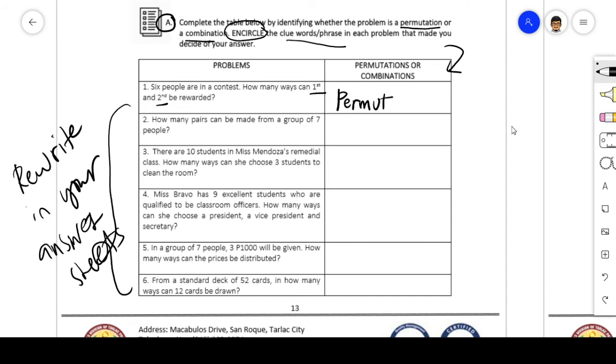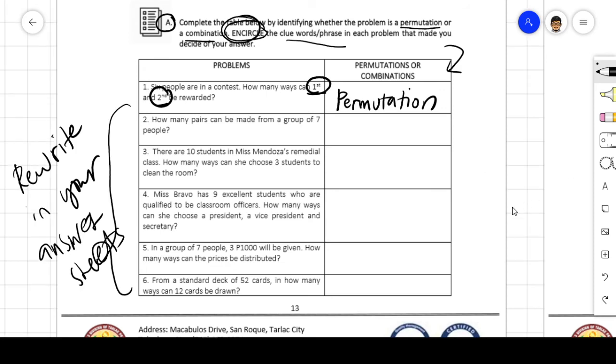So, you have to write down permutation. After writing down permutation, you have to encircle the clue words or phrase in each problem that made you decide on your answer. So, what made you decide that number 1 is permutation? The words first and second. So, you have to encircle them. So, that's it.